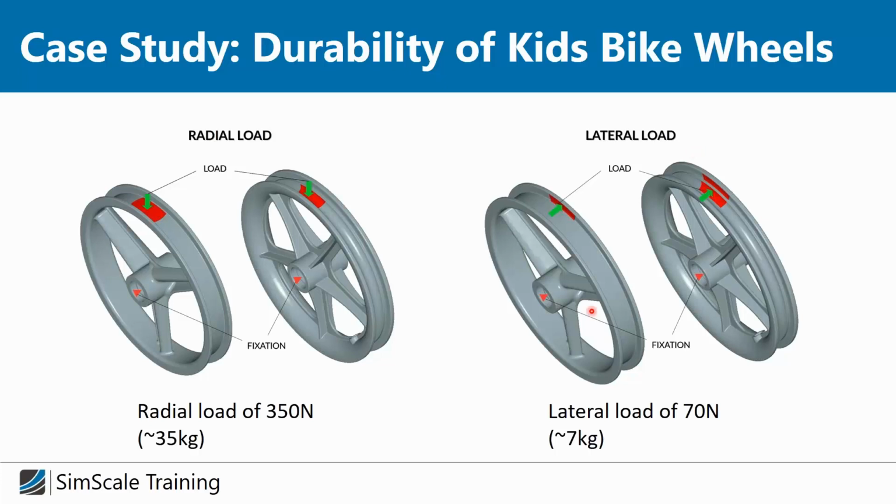Just imagine you are hitting something with a kind of angle between the driving axis and the axis of the object, and you will get a lateral load. And basically every kind of load can be represented by a combination of radial and lateral load.